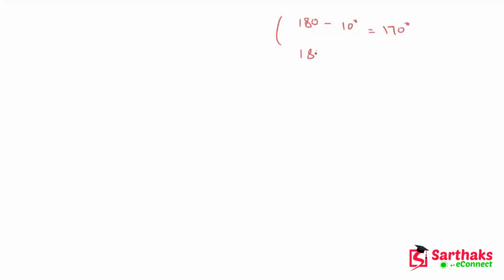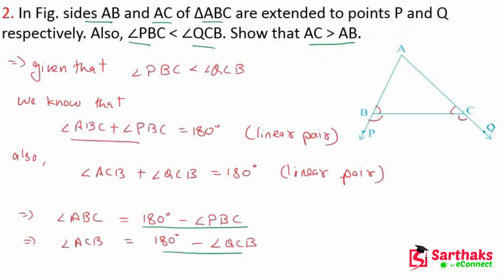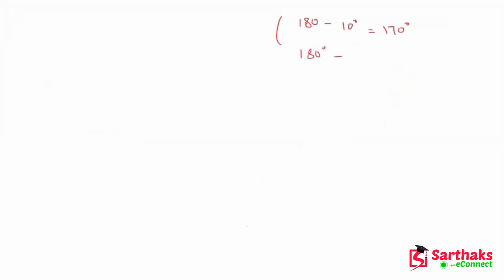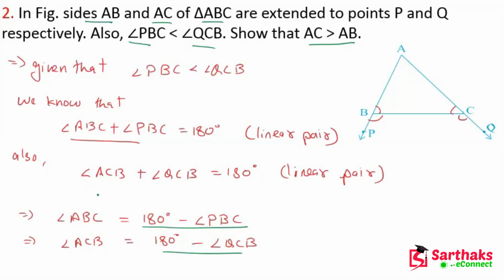And 180 degrees minus angle QCB, which is greater than PBC, let's suppose this is 20 degrees. So this is 160 degrees. Out of these two terms, which one is greater? 170 is greater. So we can say that angle ABC is greater than angle ACB.